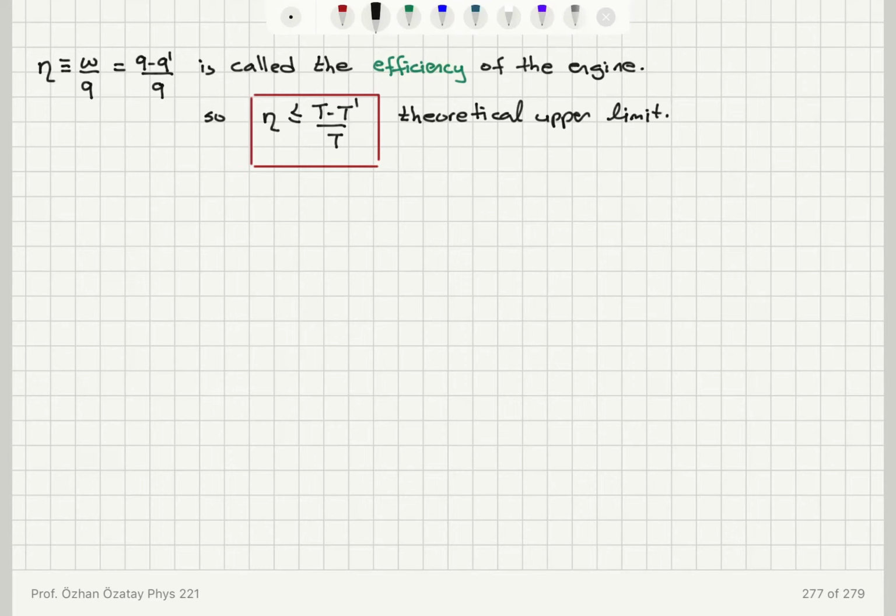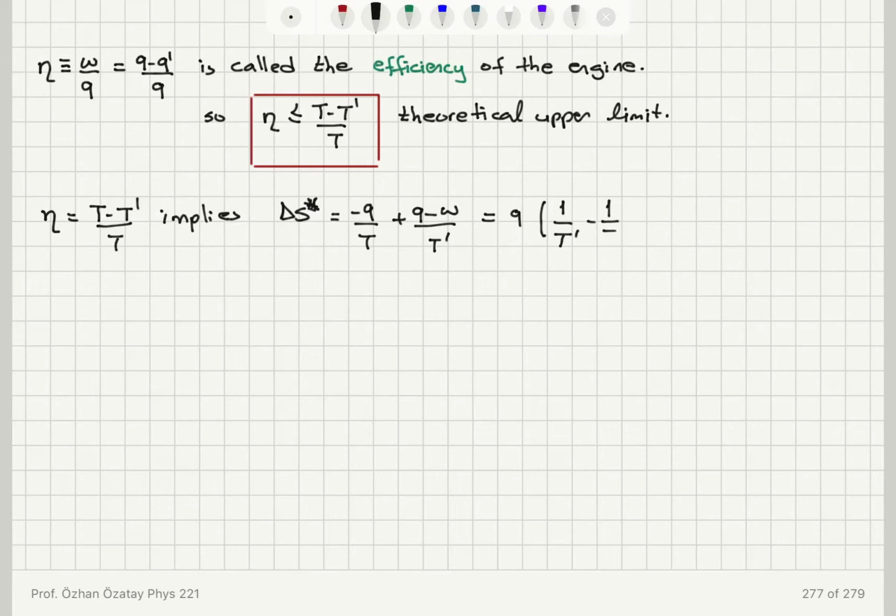And if you have the theoretical upper limit, if eta is equal to T minus T prime over T, this is going to imply that delta S star is going to be equal to minus Q over T plus Q minus W over T prime, which is Q times 1 over T prime minus 1 over T minus the efficiency, and that will be equal to Q times T minus T prime over T prime T minus T minus T prime over T prime T, which is 0.